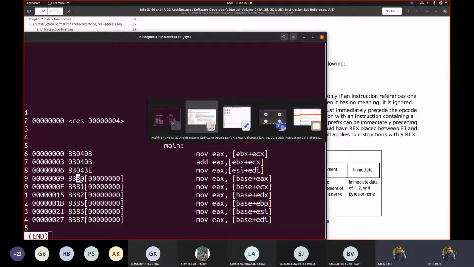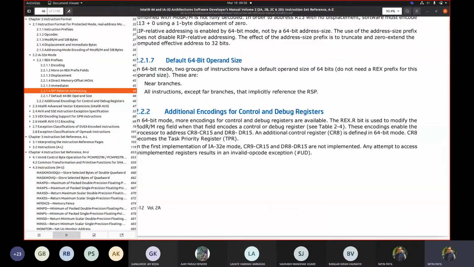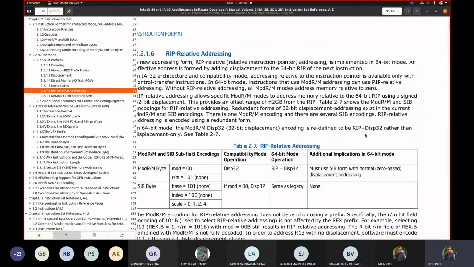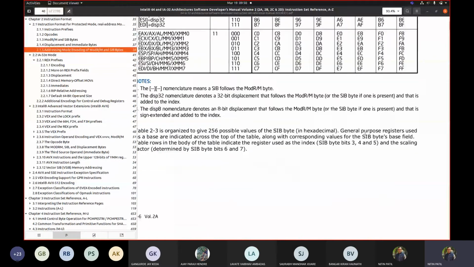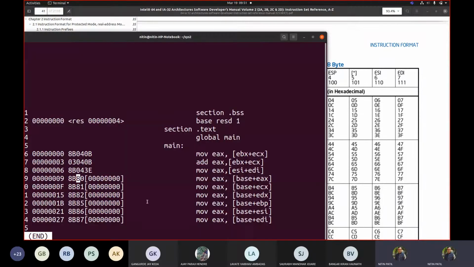Though I took base, if I go back to my code, sorry, my table, where is 80? It is occurring somewhere here. So I don't mean that thing. That means what exactly it did here, it hasn't taken this as SIB.